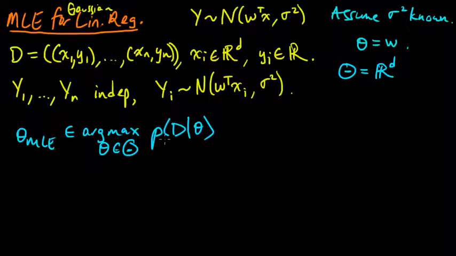Now we need to write this likelihood function in terms of our model. So how are we going to do that? This is the probability of all these points. Under this model, the x's are not random. The only thing that's random is the y's.